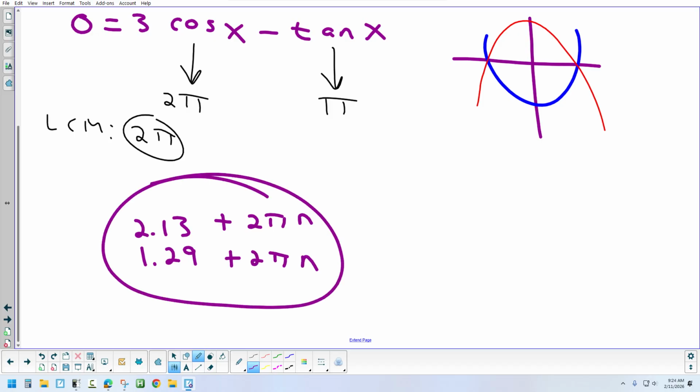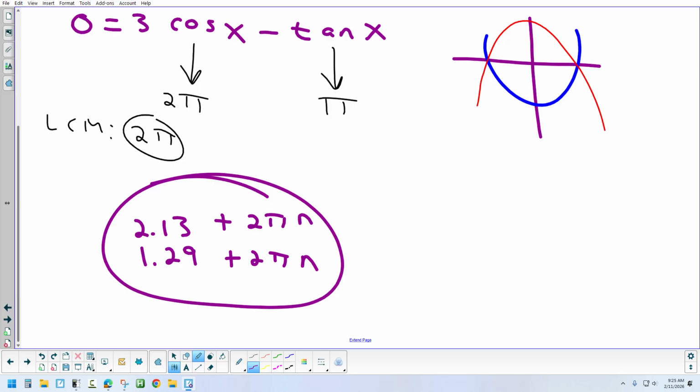Now, what would you put on the end if you were doing it in degrees? You would be putting plus 2 pi n in this problem. Would you have to turn 2 pi into degrees? Yeah, and what would that be? 360. 360, yep.